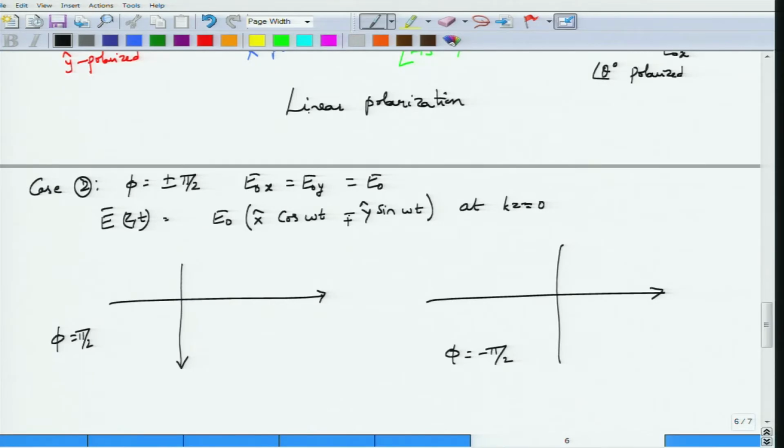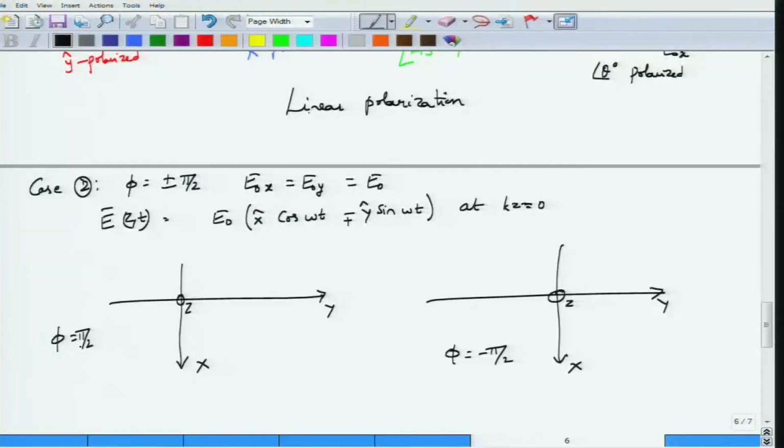So the minus sign goes for pi by 2 and the plus sign goes for minus pi by 2. Write this as x and y. Remember, you are looking into the wave that is approaching you. If you are looking along the minus z axis, the wave is seen to approach you. The wave is propagating along the plus z direction, and you are looking at it such that the wave is coming towards you.